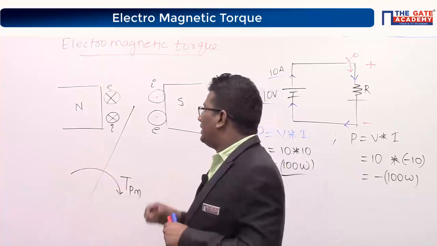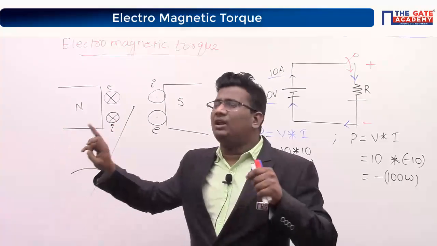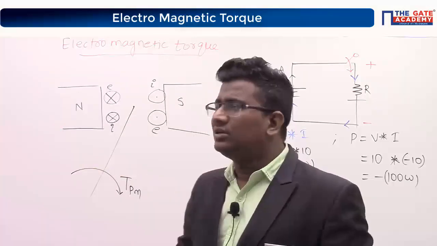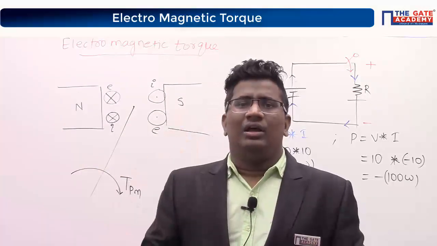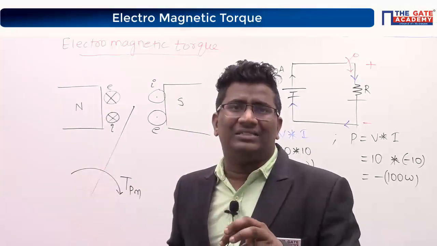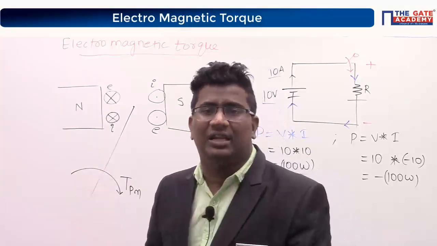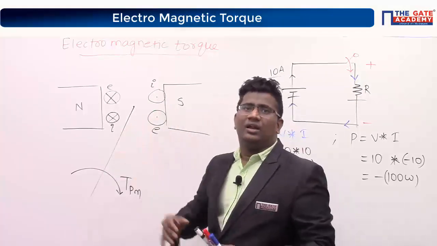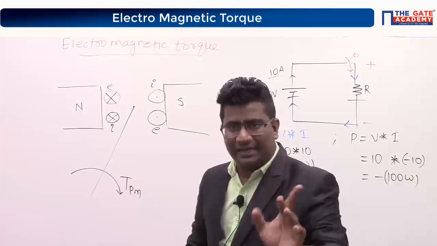Let us see first whether a force is acting on it. Once you connect any load to the generator, are your conductors normal conductors or current carrying conductors? If I connect any load to the generator, the conductors are current carrying conductors, right?